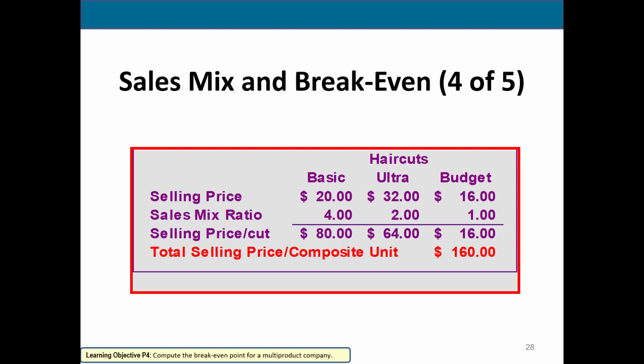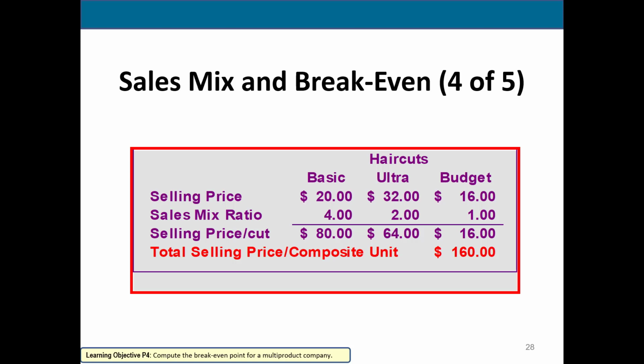Okay, so using the sales mix of 4:2:1, the selling price of a composite unit is computed as shown. So remember 4:2:1, we're taking the selling price of each type of haircut times the sales mix ratio.